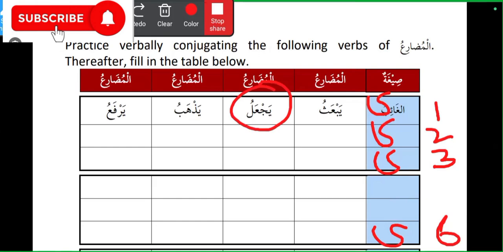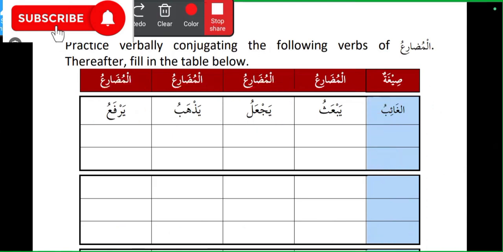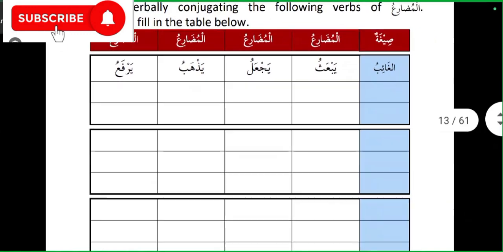Taj'alu, taj'alani, yaj'alna. What about yadhabu? Yadhabu, yadhabani, yadhabuna. Tadhabu, tadhabani, yadhabna. Again, number 6 is ya. The next one, yarfa'u. Yarfa'u, yarfa'ani, yarfa'una. Tarfa'u, tarfa'ani, yarfa'na. That's a very important thing to remember, that sigha number 6 starts with a ya.